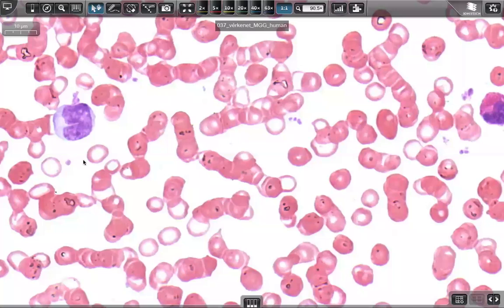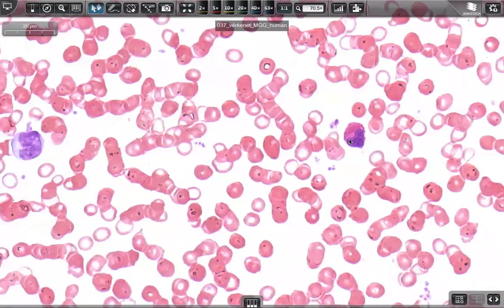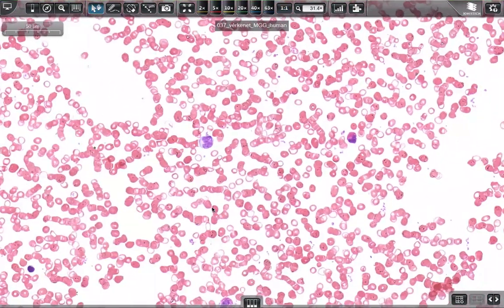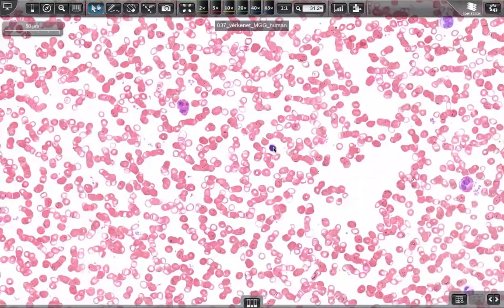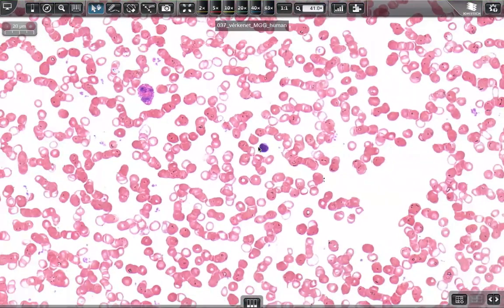So the small somethings are platelets. Eosinophilic. Here there is a lymphocyte. Its size is really similar to the size of RBCs, but there is a huge nucleus and a thin rim of cytoplasm. So it's a lymphocyte.